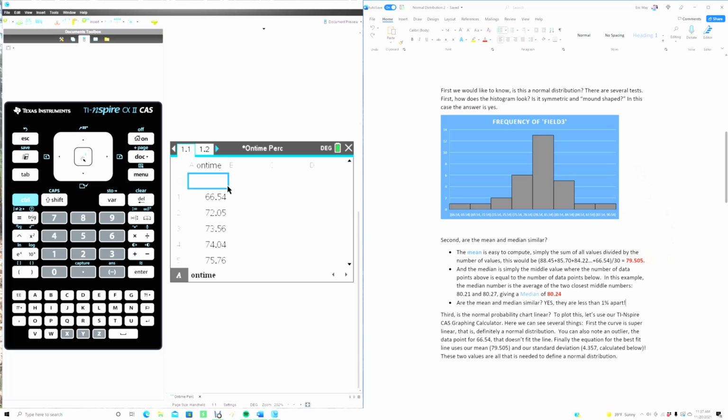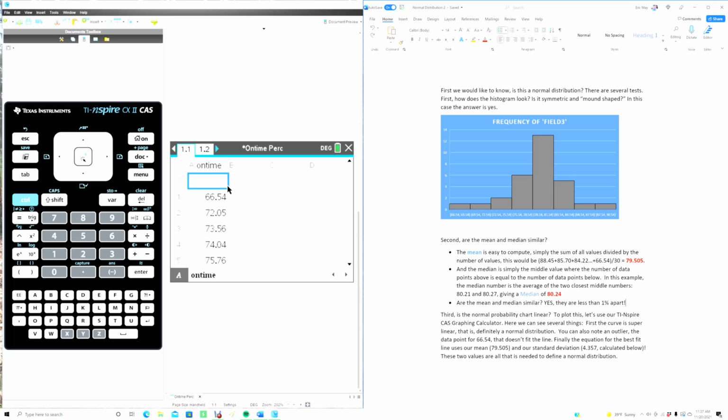It is just the middle value, where the number of data points above is equal to the number of data points below. In this example, the median would be the average of the two closest middle numbers, 80.21 and 80.27, giving a median of 80.24. So, are the mean and median similar? Yes, they are less than 1% apart. So our distribution passes that test also.